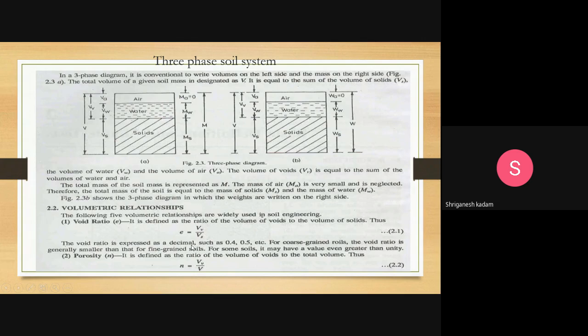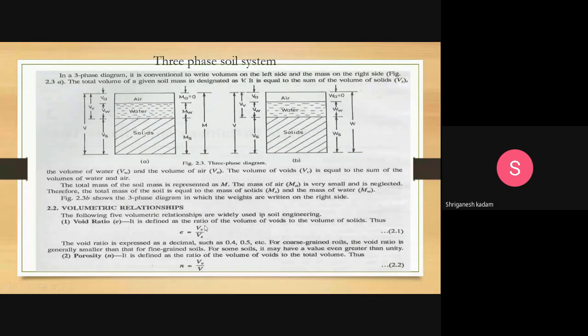So we can express this void ratio as a decimal such as 0.4, 0.5, 0.6 like that. Maybe this void ratio sometimes is greater than 1, when the volume of voids exceeds the volume of soil solid.